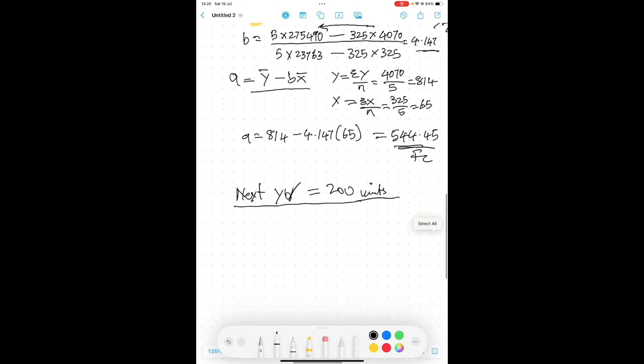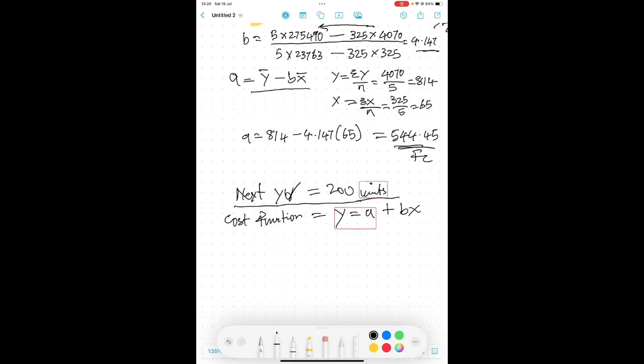So I'll just bring in my cost function. The formula says y, which stands for total cost, is equal to A plus bx. Remember, y stands for total cost.